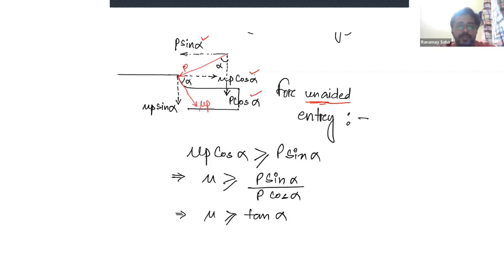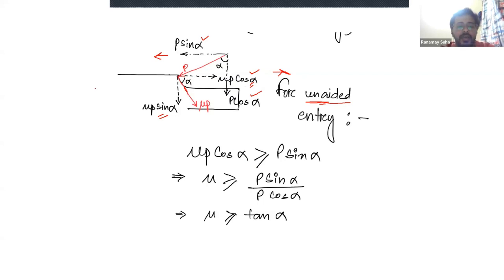And then you also take the friction force mu P at the interface, bifurcate this also into sin and cos components, and then equate both in the horizontal direction. On one side you have mu P cos alpha, and on the other side you have P sin alpha.